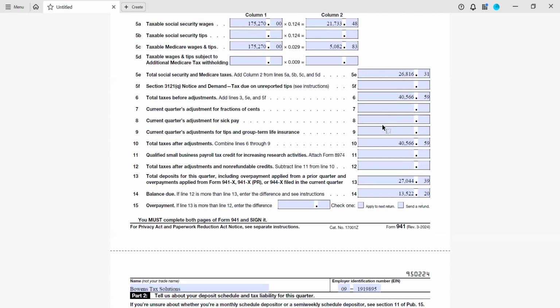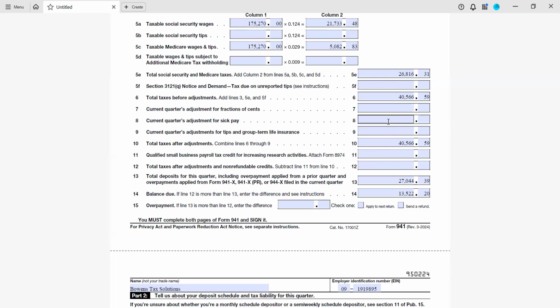Okay. Now, in line 7, 8, 9, and then 11, these are different adjustments and credits. Okay. So, an example of a credit is if you have veterans working for you or people from certain demographics or zip codes. You may have something like the Work Opportunity Tax Credit, or it's referred to as WOTC. If that applies to you, then you would be looking at an adjustment.